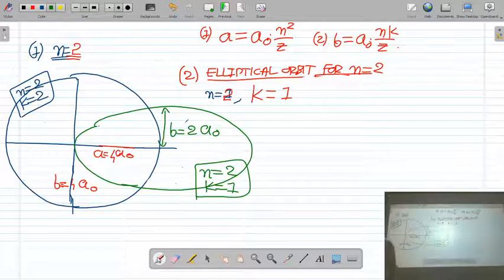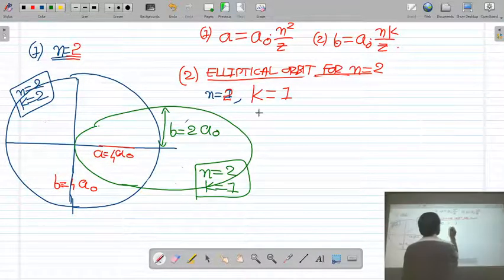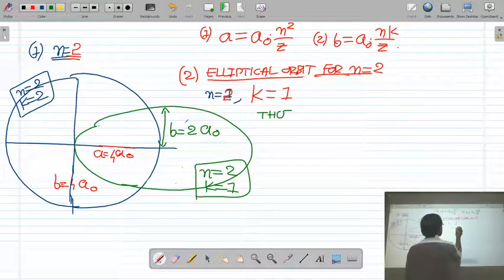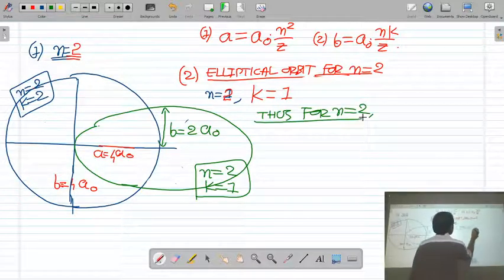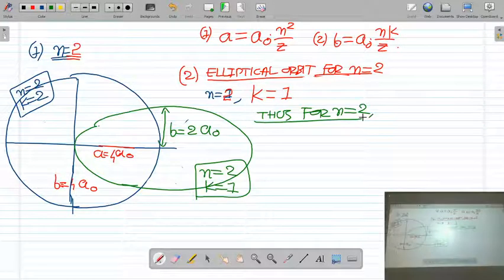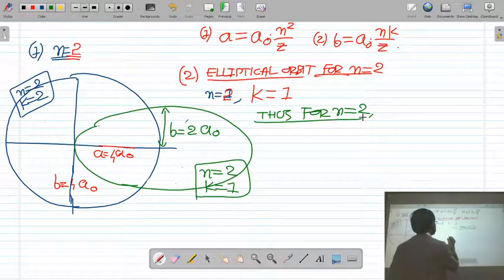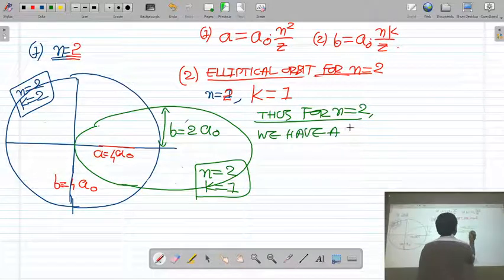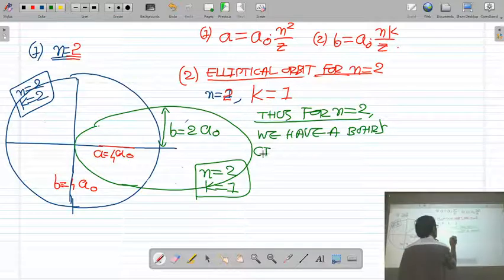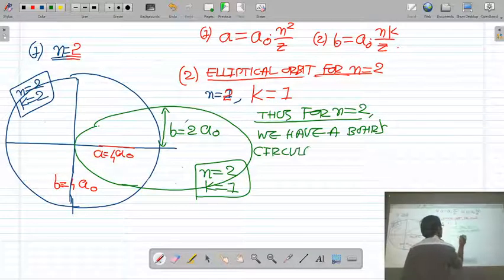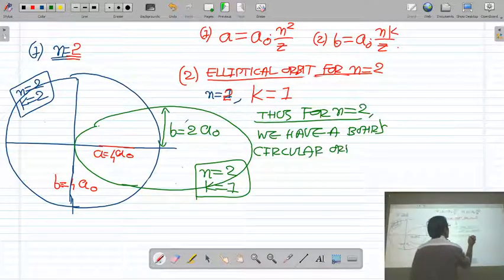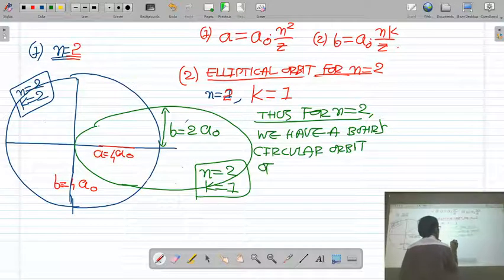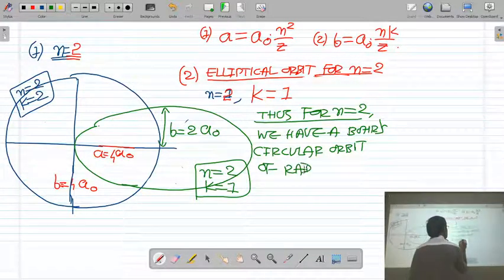So I can write here, thus for n is equal to 2, we have a circular orbit of radius 4a0.